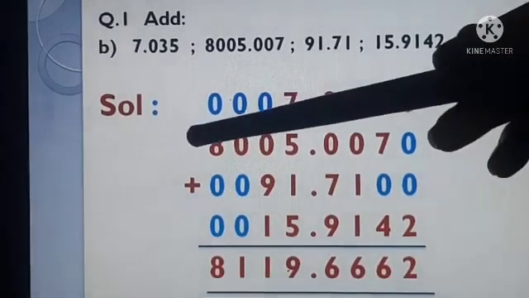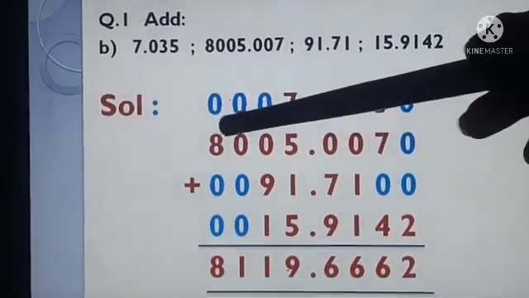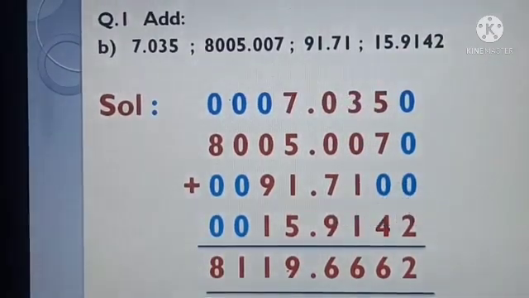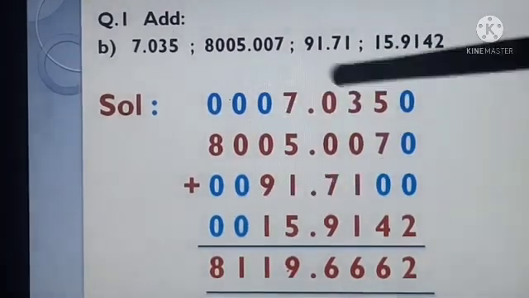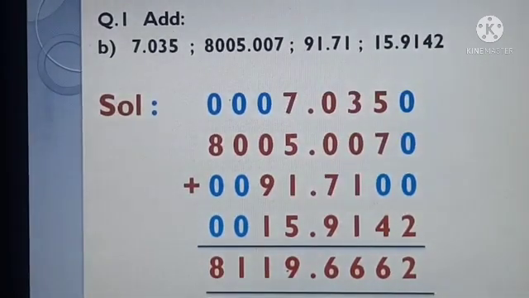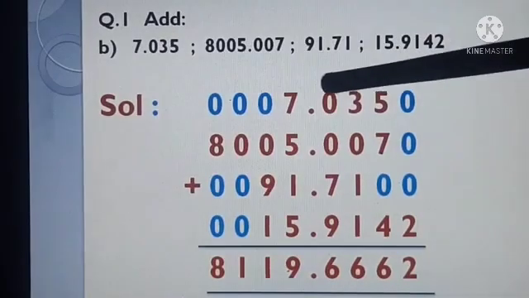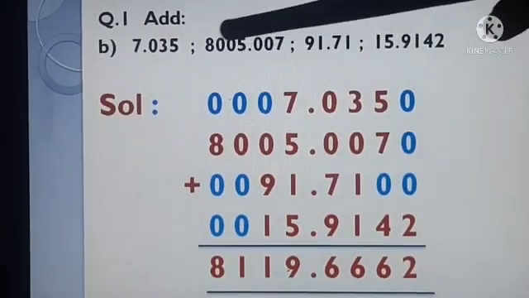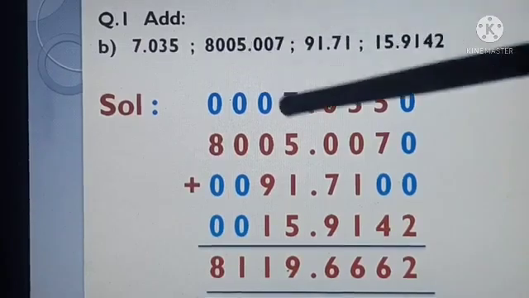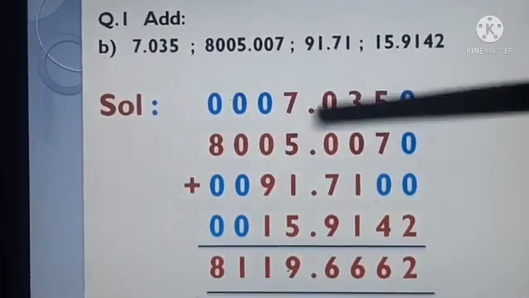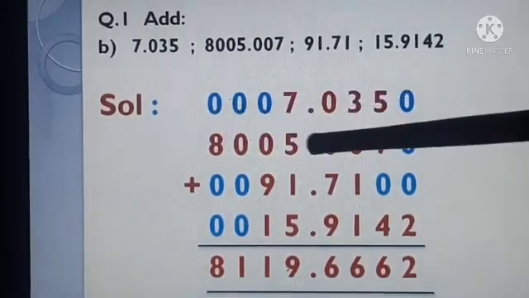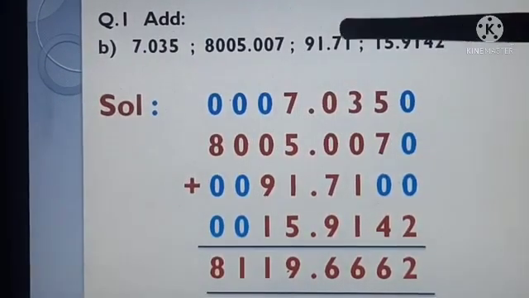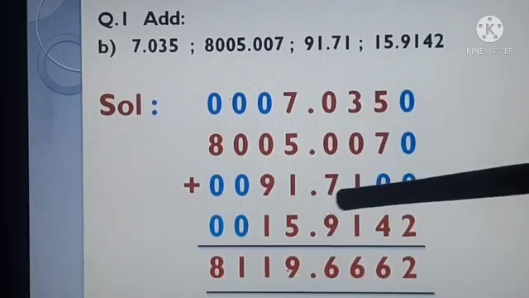So be careful that the bigger number is 8005 in the whole number part, and in the decimal part decimal 9142. So extra zeros we need to insert. So first of all write 7 decimal 035. Then 8005. Take care that 5 is at ones place. So ones place 7 के नीचे 5 आएगा. 8005 decimal 007. Then 91 decimal 71.